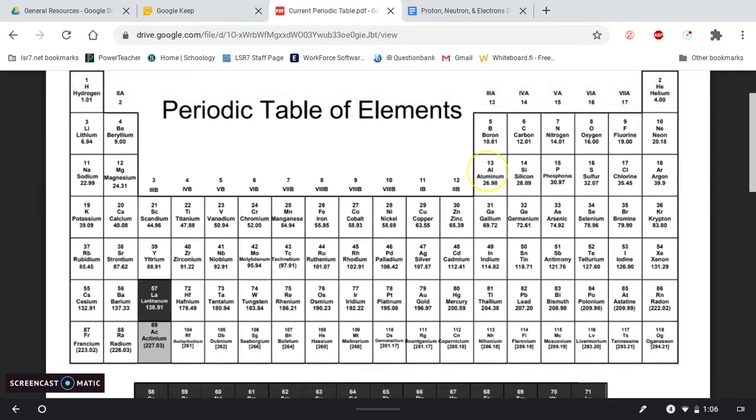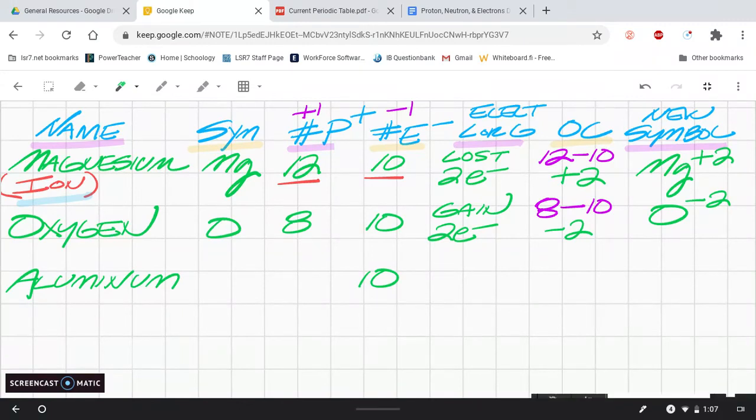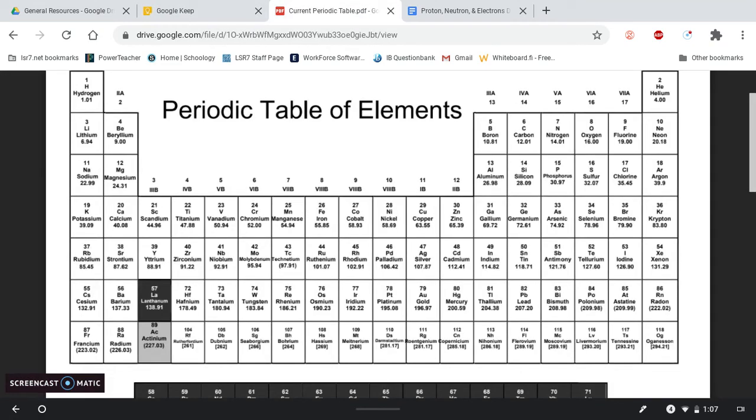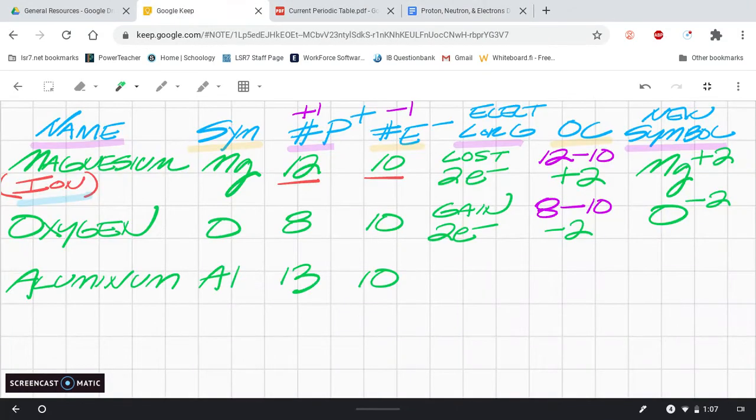Number 13, Al. So we're going to put an Al here for aluminum, and protons is going to be 13. Okay, now if you forgot how we're getting that, protons is just the top number. See that 13 right there? Don't worry about that number at the bottom right now. We're not going to use that right now, just focusing on that top number.